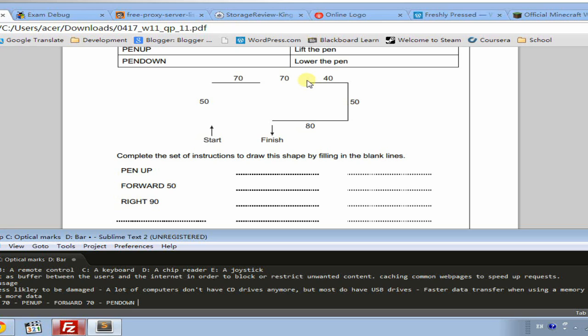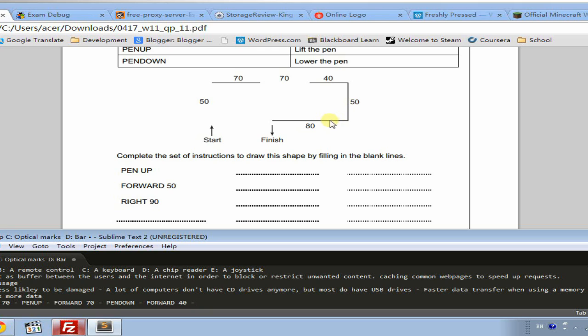Pen down, and then forward 40. And once I get to here, I want to turn. So it's not north, south, east, west. I'm already facing this direction, so I'm going to be turning how many degrees?